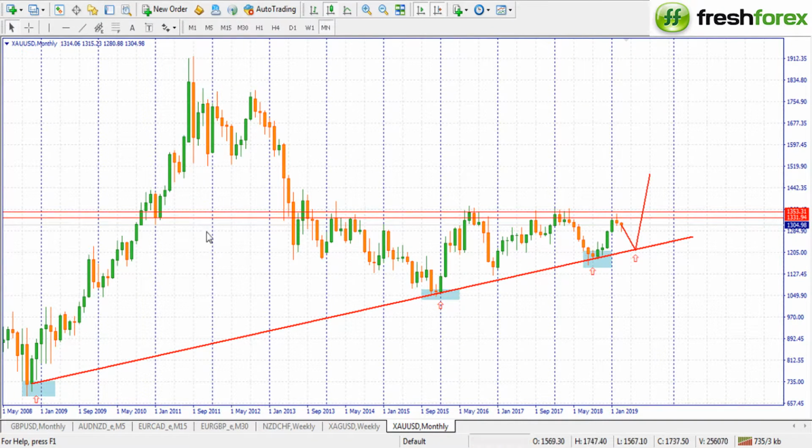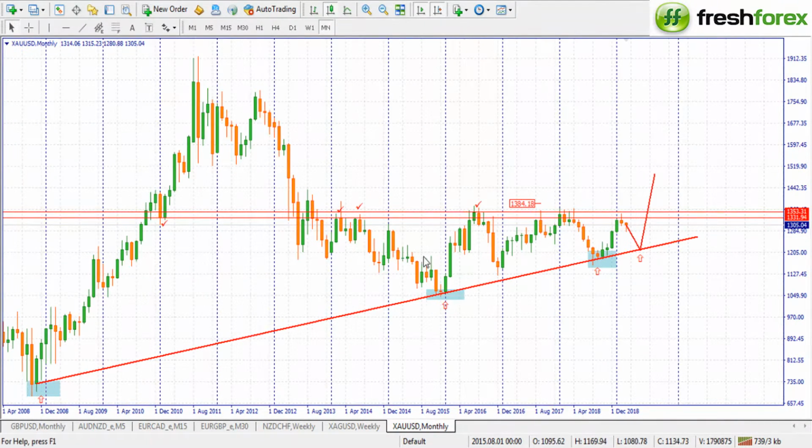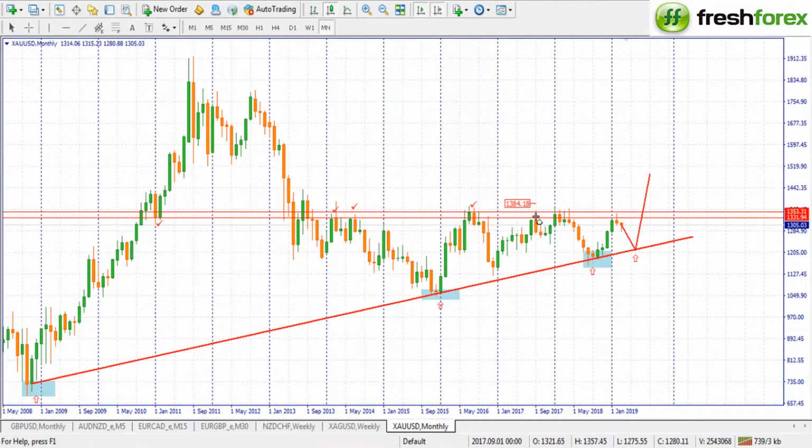If you have a resistance here, you have a support, a break below, there's a false break. You have the same place being a resistance consistently for a long time, and the same place was a support at some point in the past. We have this resistance, this resistance, this resistance.